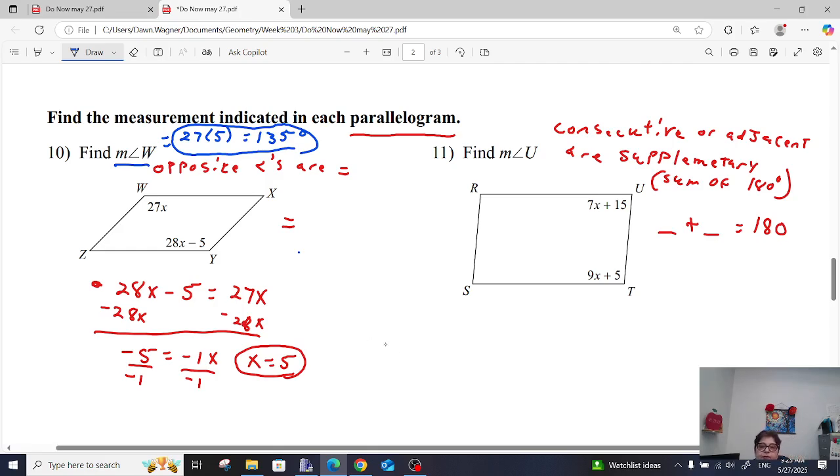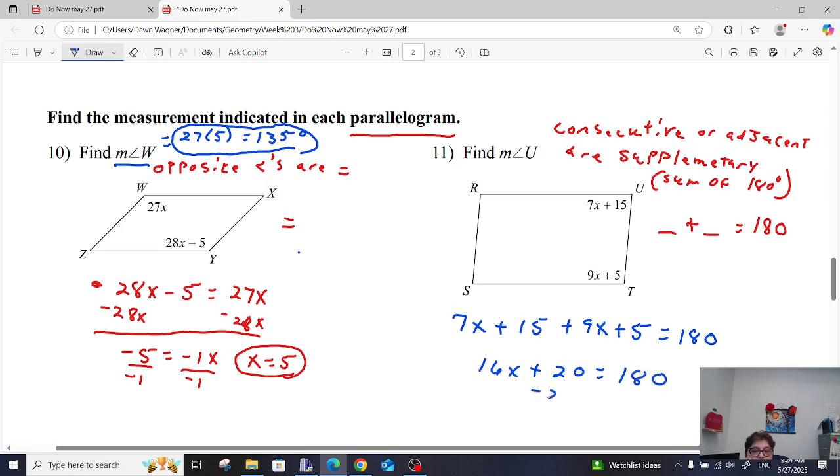So next one, we're going to add together and set equal to 180. So 7x plus 15 plus 9x plus 5 has to equal what? 180. Because they are consecutive. So 16x plus 20 has to equal 180. I subtract 20 from both sides. 16x is equal to 160.